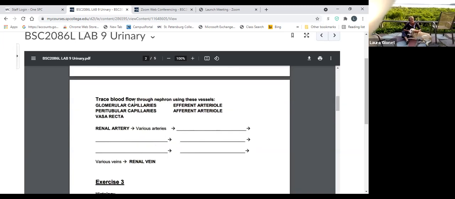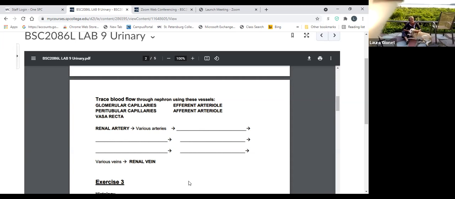Right, then we're going to trace blood flow through the nephron, putting the structures in order. We'll look at a couple of different models, and the PowerPoint notes I have up there are excellent for giving you not only a more detailed text background of the structures and functions of the different macroanatomy and microanatomy, but also lots of images of models, in addition to what's listed here under the lab images for each lab.